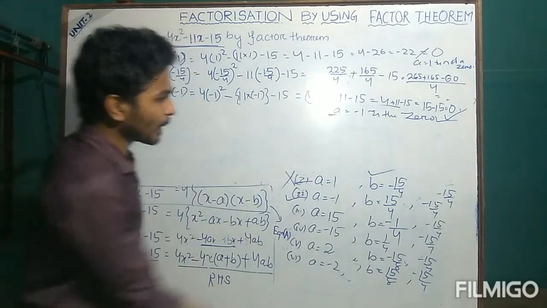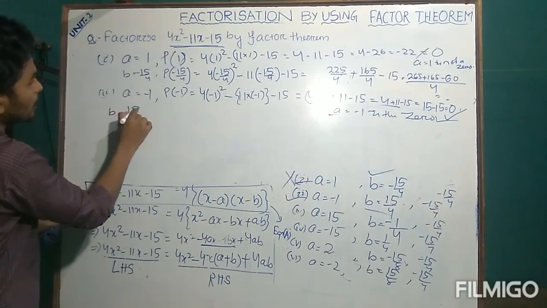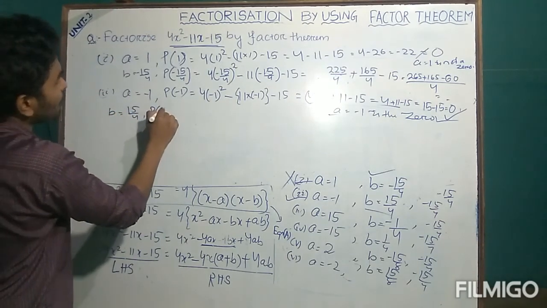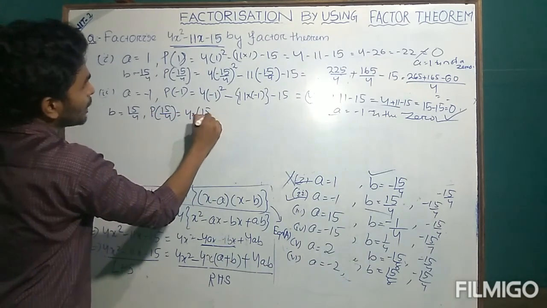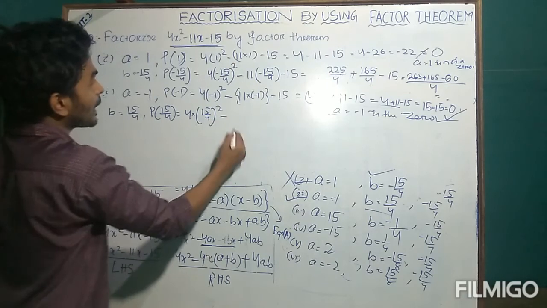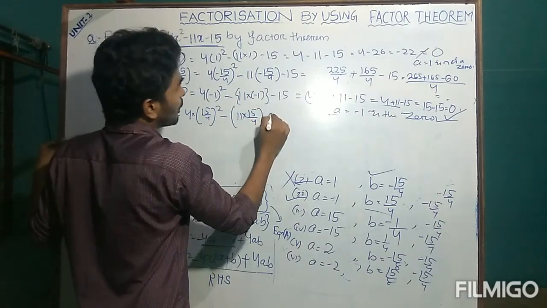Now coming to the second part, that is b is equal to 15 by 4. So we'll put b is equal to 15 by 4. So p of 15 by 4 is equal to 4 whole into 15 by 4 square, okay, minus 11 whole into 15 by 4 minus 15.